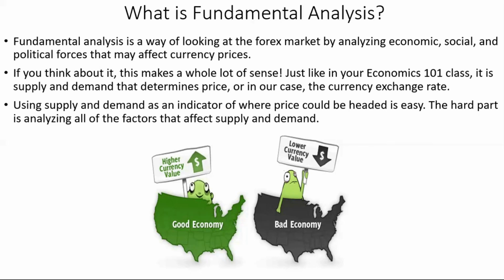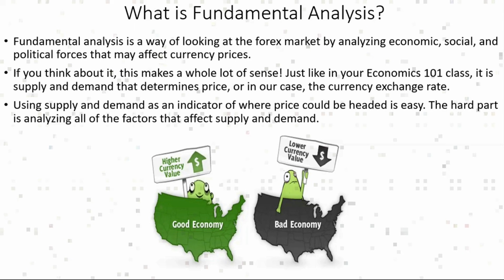So using supply and demand as an indicator of where price could be headed is the easy part. But the hard part is to take all the analysis, all the factors, and analyze all the factors that affect supply and demand. For example, forexfactory.com gives you all the economic factors every day that will come out that might affect prices in the market.